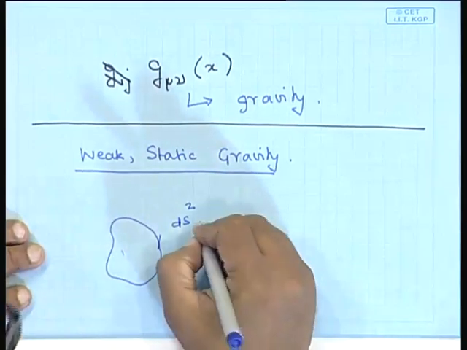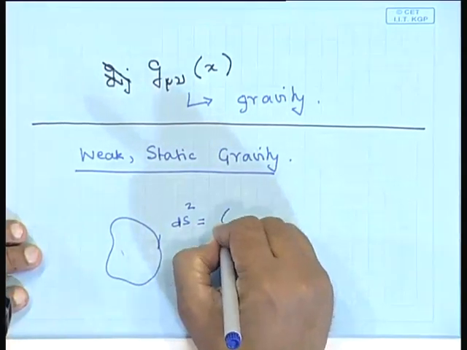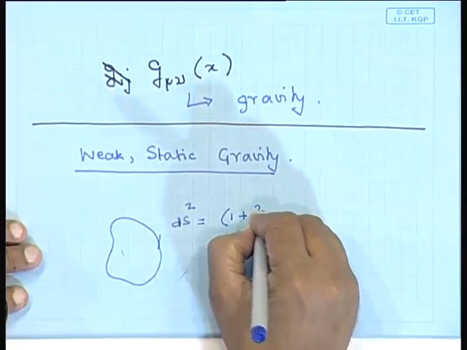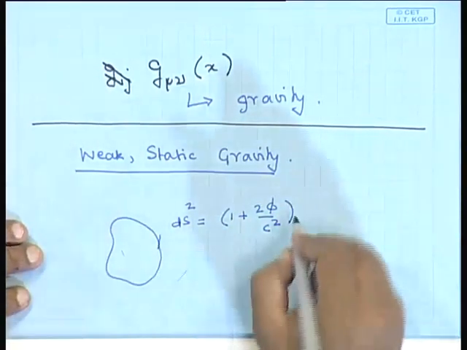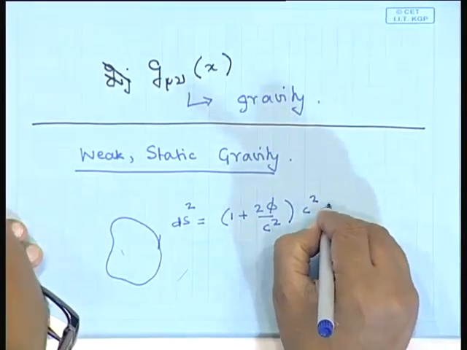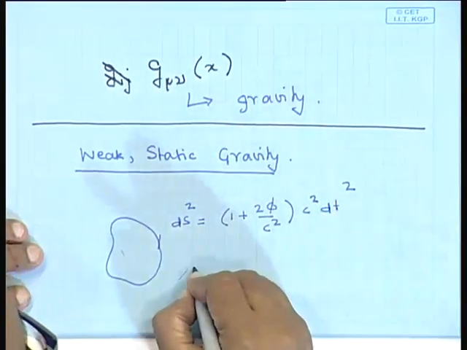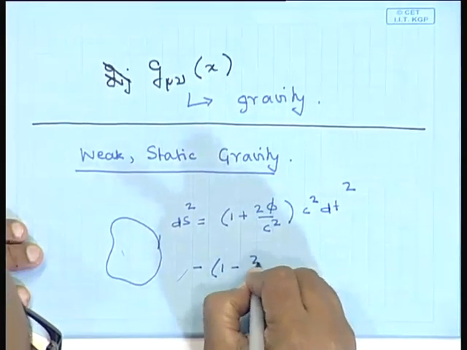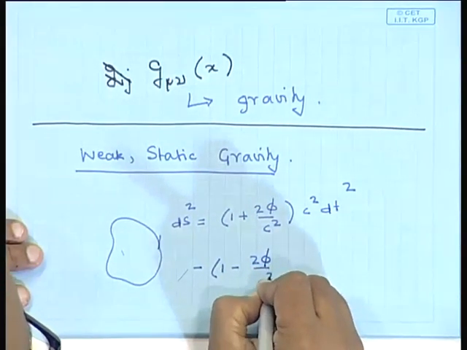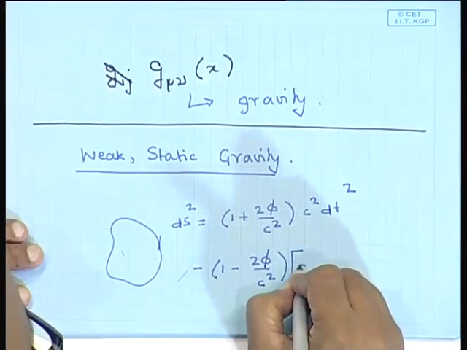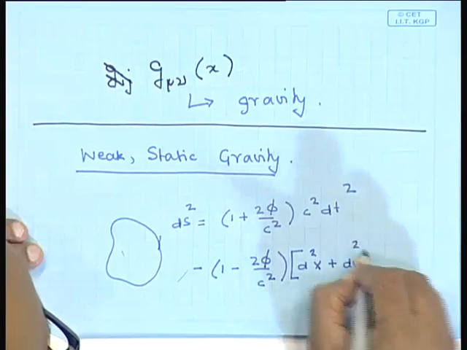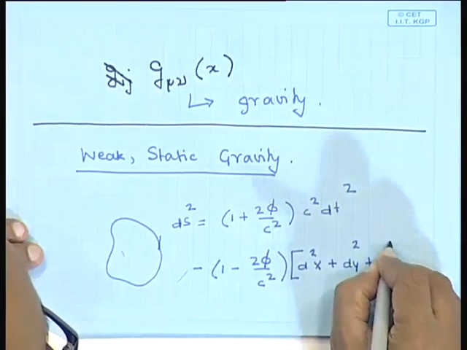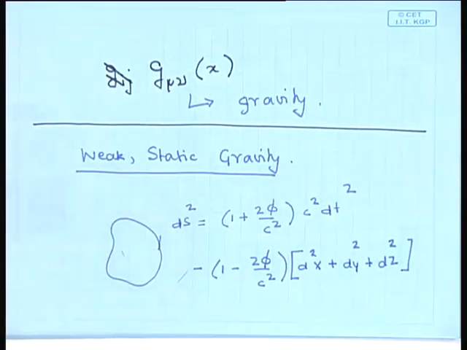The line element is 1 plus 2 phi by c square dt square minus 1 minus 2 phi by c square, and so on.